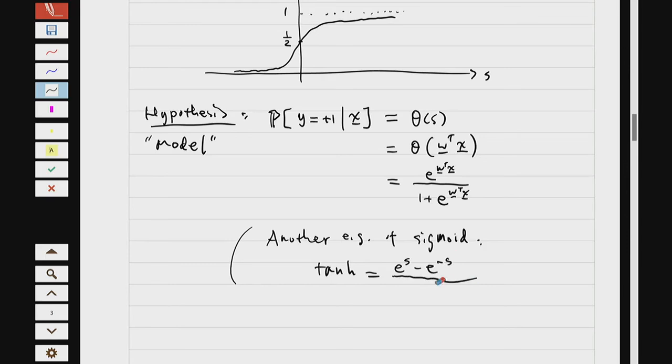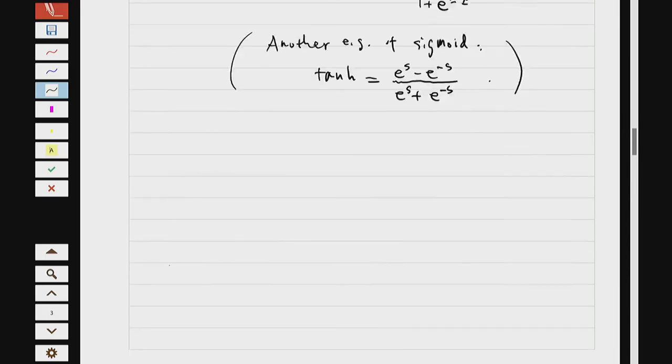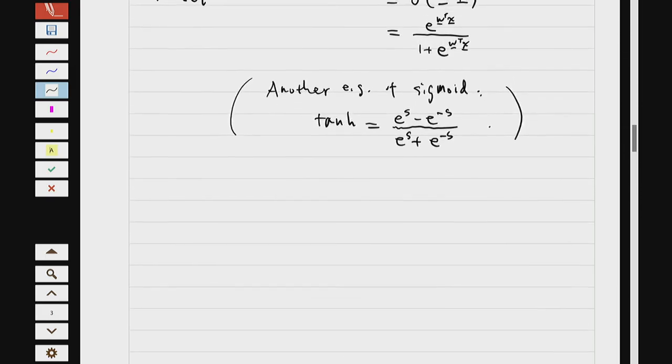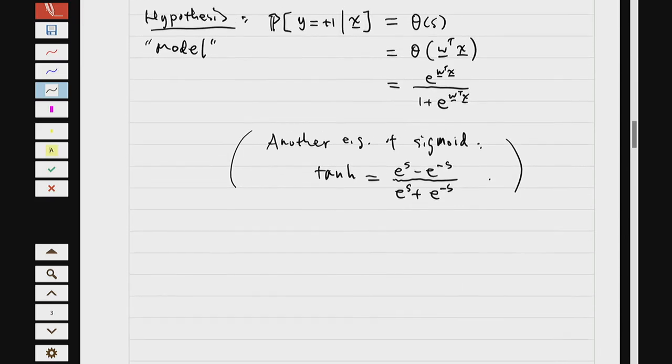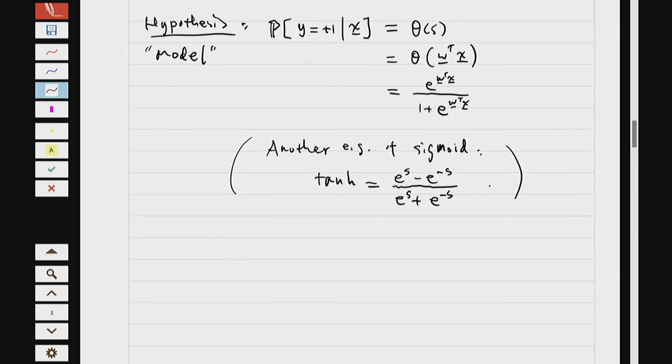You're going to see this quite often in neural networks, but we don't worry about this one for now. Let's focus on our sigmoid function of that form, the one that goes from 0 to 1.